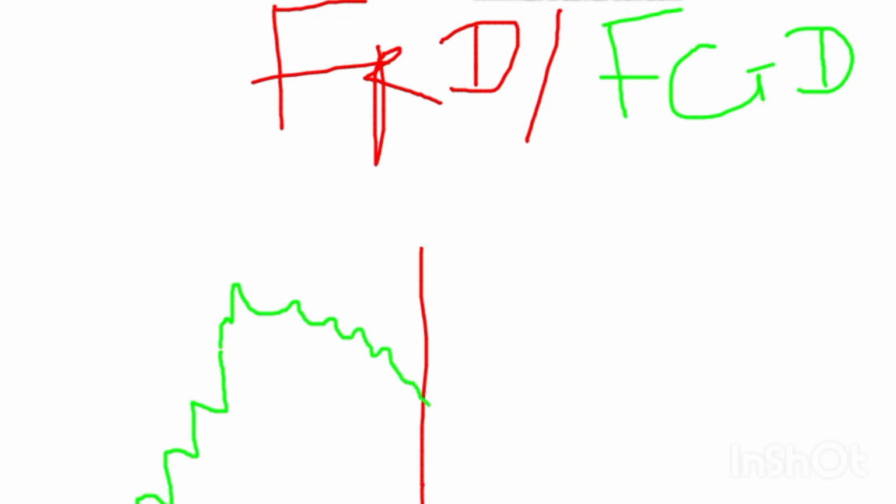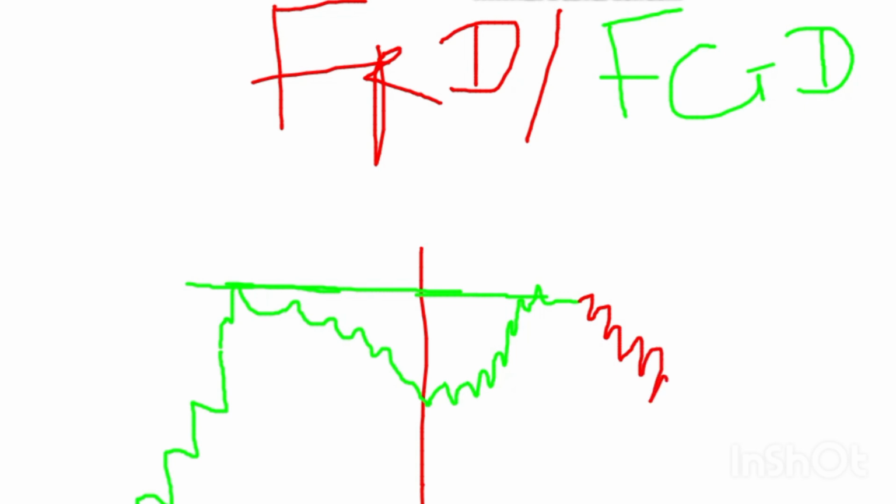Next week the market continues to pump up and gets to our previous week high. The market got to this previous week high, and then we got our first red day here, and then the market will continue to go down. If it breaks this level, the market has changed the trend and we are now in a downtrend.